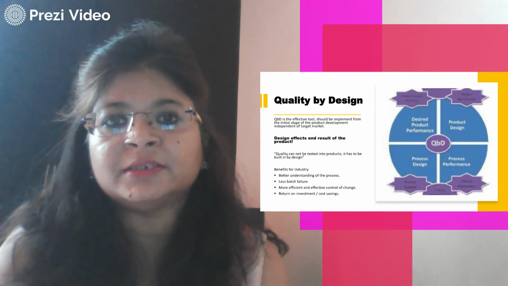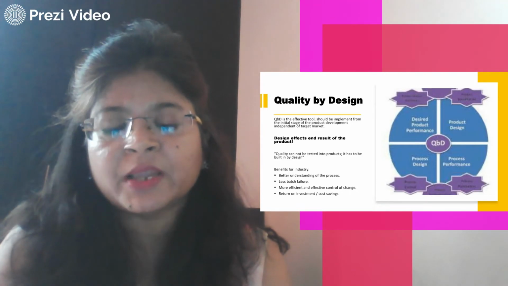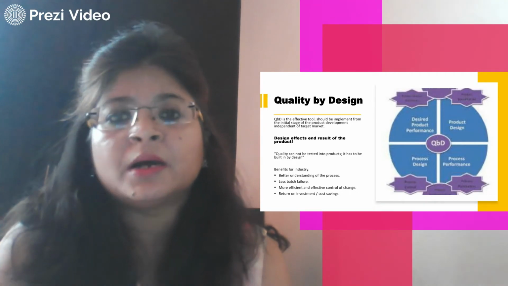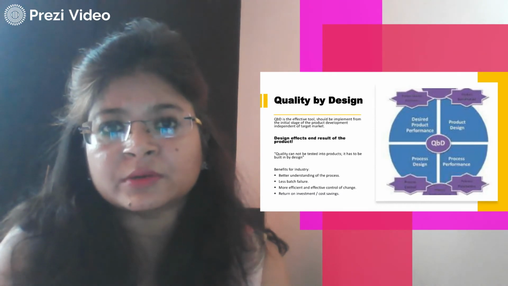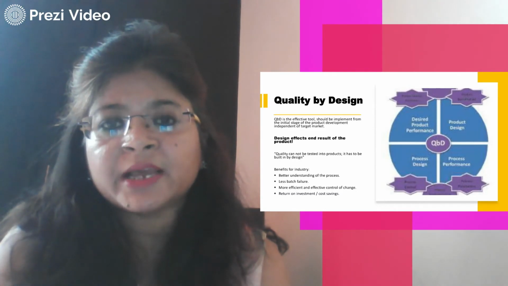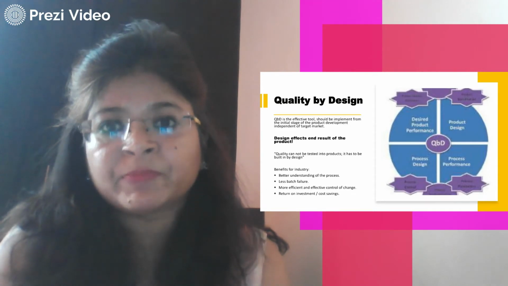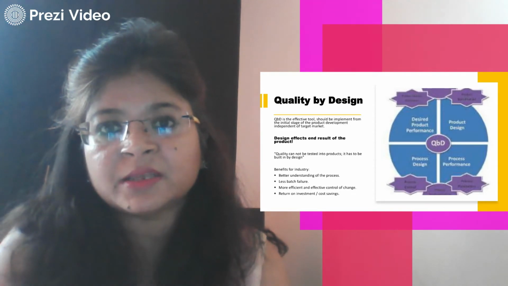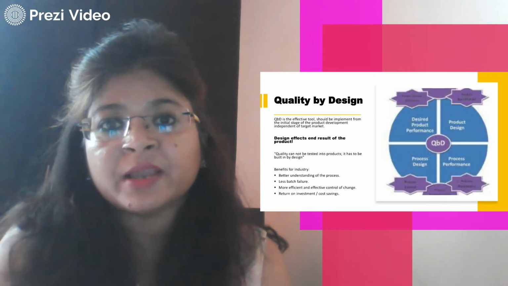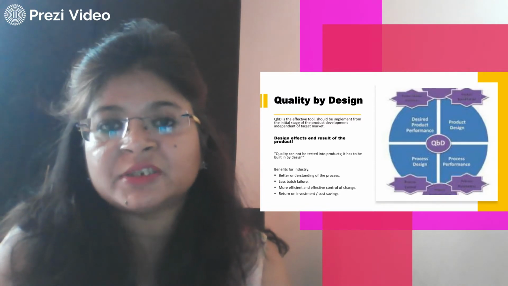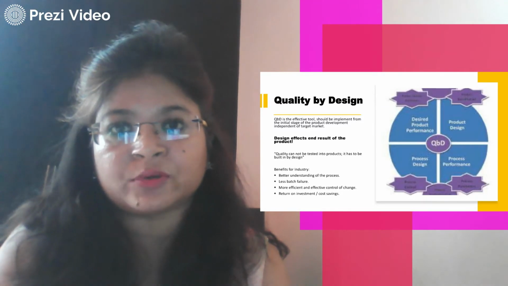If any organization wants to excel, to progress and stand at a global level, they need to focus on quality, and this quality cannot be measured by any means. The quality has to be built into the product, and it can only be built in by an efficient designing process which is initiated from the initial to the end process.